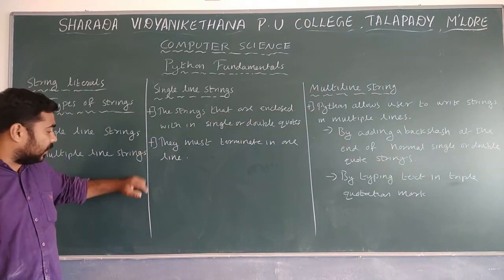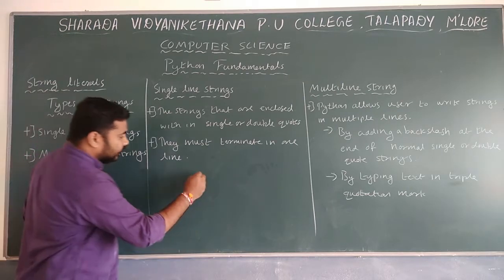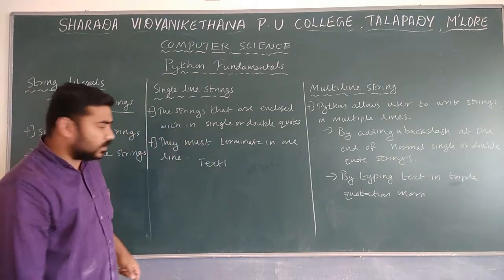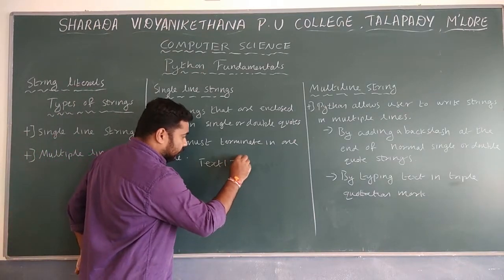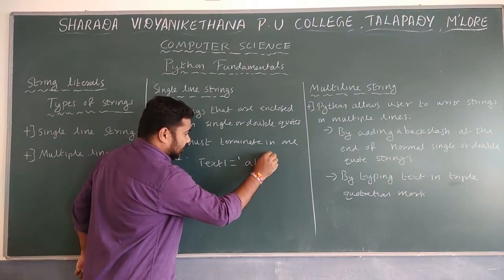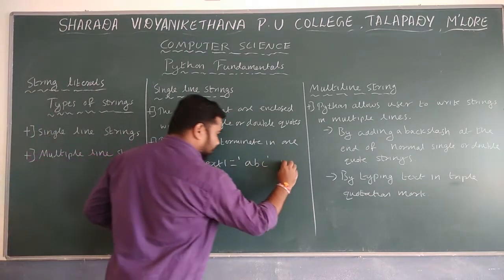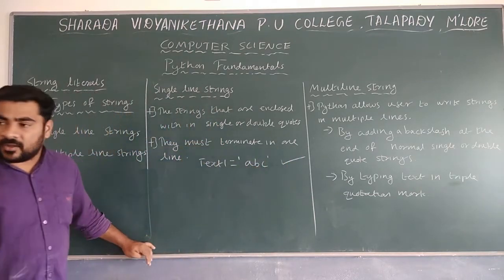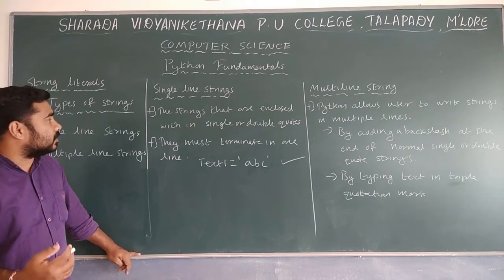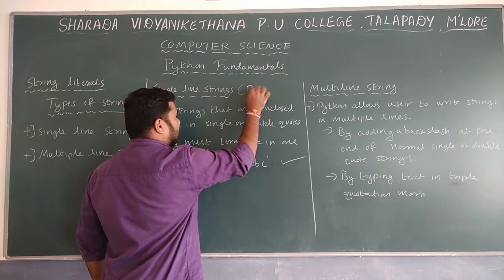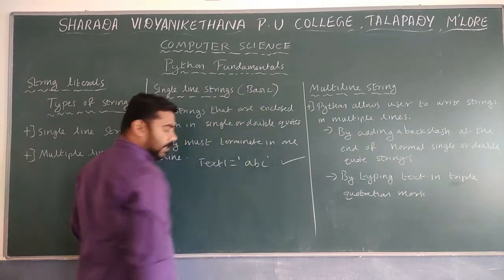If you want an example, take it like this. For example, text1 is equal to 'ABC'. This is one example, and this is valid. These types of strings are known as one line or single line strings, or also known as basic string type.